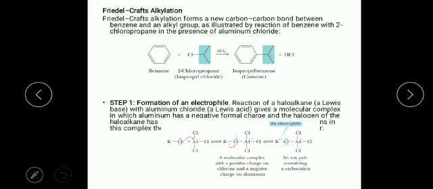This Friedel-Crafts alkylation is very feasible and mostly used for the formation of new carbon-carbon bonds. You can see one carbon from the benzene and another from the alkyl group.